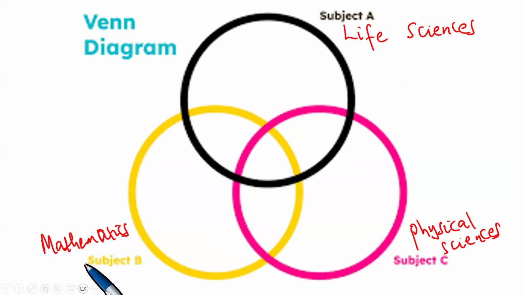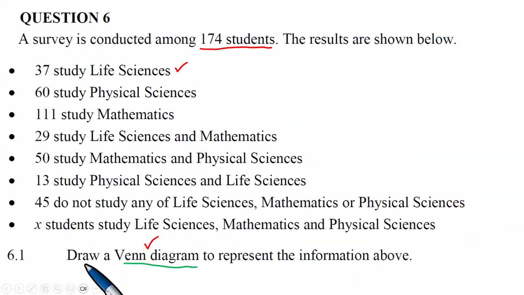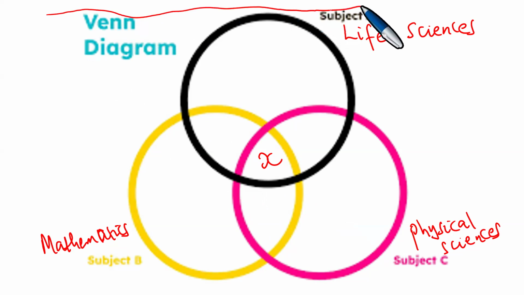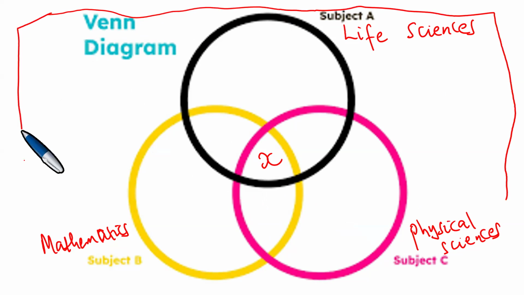Now, we continue to analyze this. As said, we normally start at the center. X students study life sciences, mathematics, and physical sciences. So there are those who study everything. They are sitting here at the center. But we note that in this Venn diagram, we have the following: something we call the universal set.